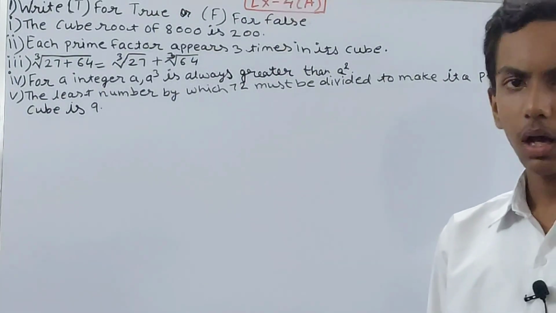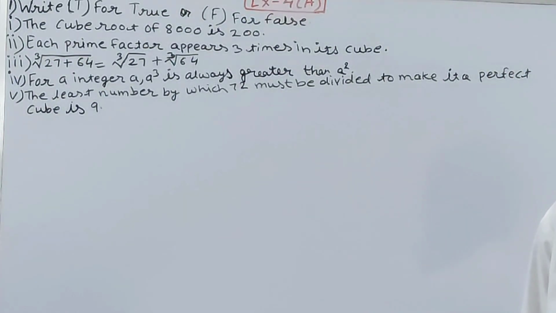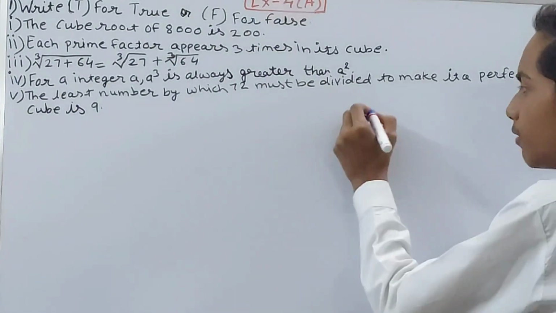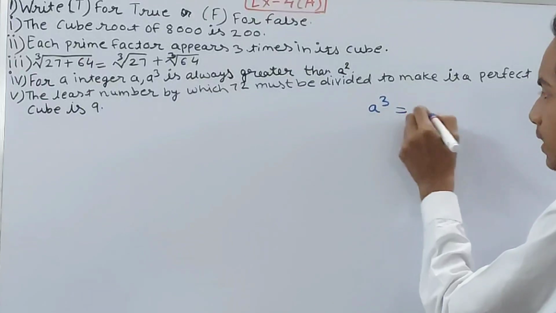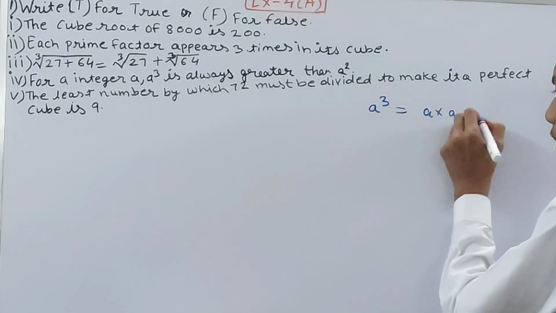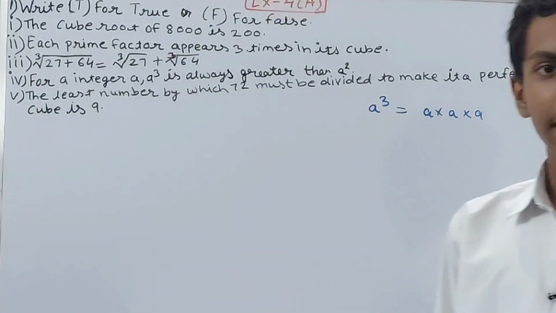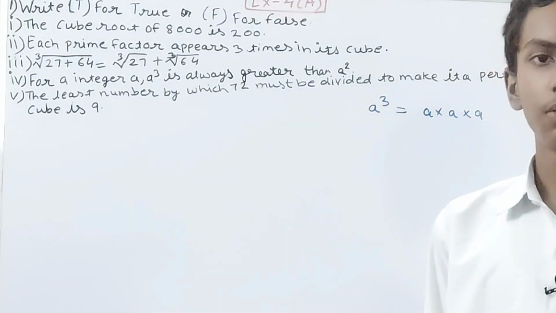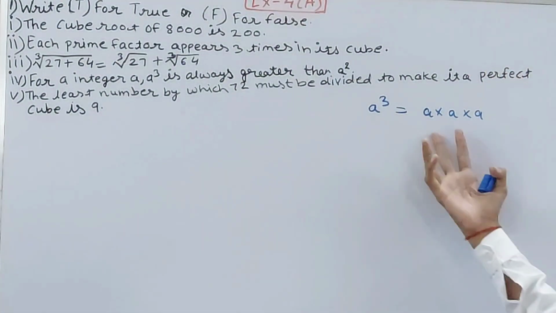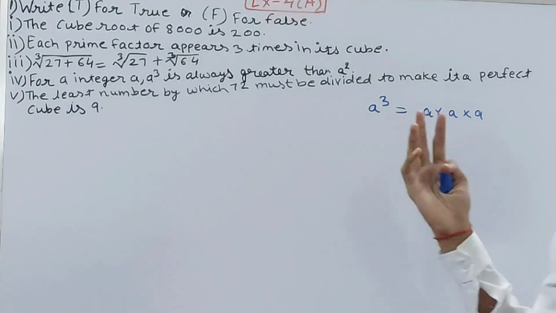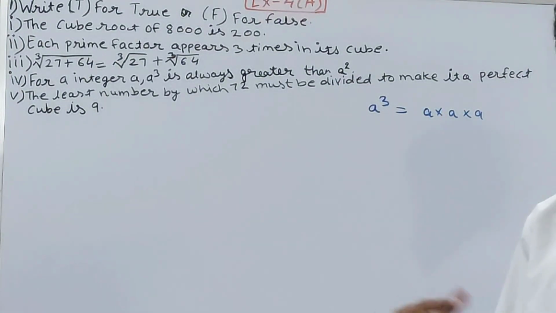So I think we are all aware of what cube and cube root are. Let us quickly see. If I have a number a, then its cube will be a to the power 3, that is a into a into a. We will multiply the number by itself 3 times. In square roots we multiplied it 2 times, but in cube and cube roots we multiply a number 3 times to get its cube.